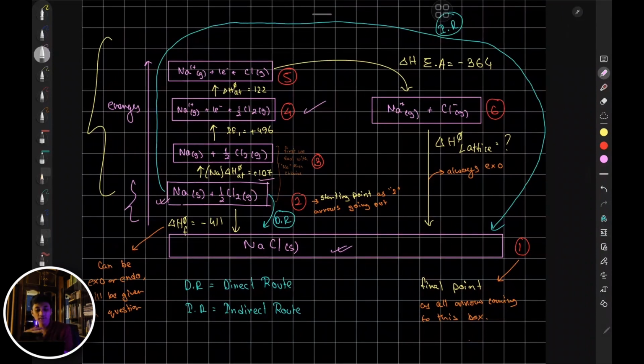So once you can figure out what the indirect route is and what the direct route is, you can form the equation and find out any specific variable in that equation or in that Hess cycle or Born-Haber cycle, right?